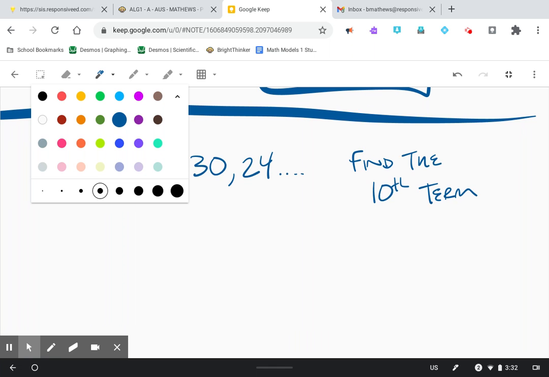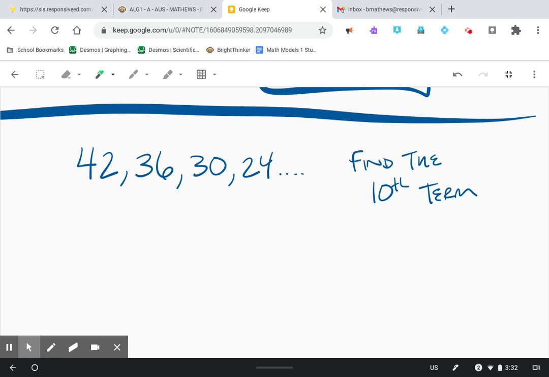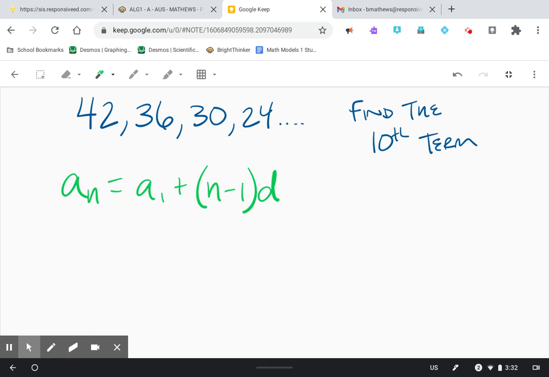So first things first, we have to identify all of our values from our formula. An equals A1 plus n minus 1 times d. So we have an, which in our case is A10, sorry. We are looking for the 10th term. We don't actually need to write that down.